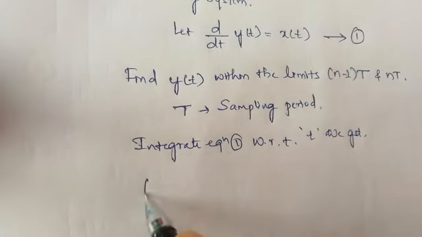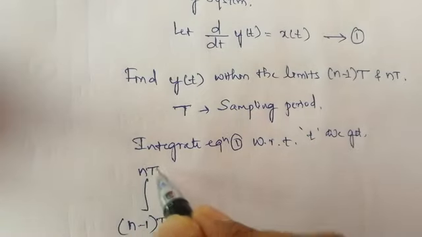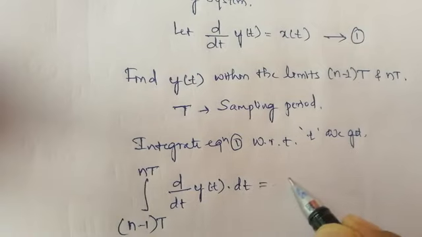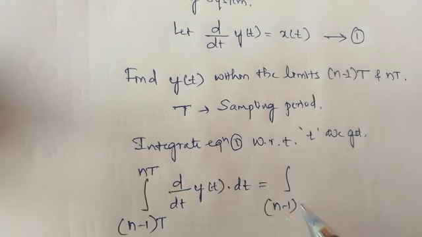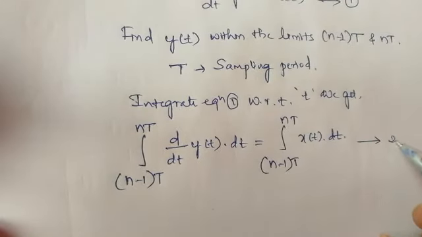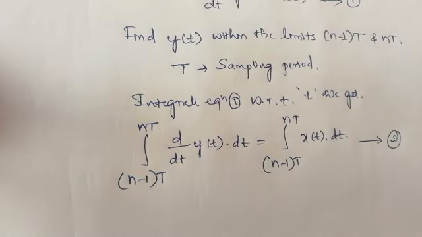The integration of dy of t equals the integration of x of t, over the limits n minus 1 T to nT, x of t dt. Let us represent this as equation 2.